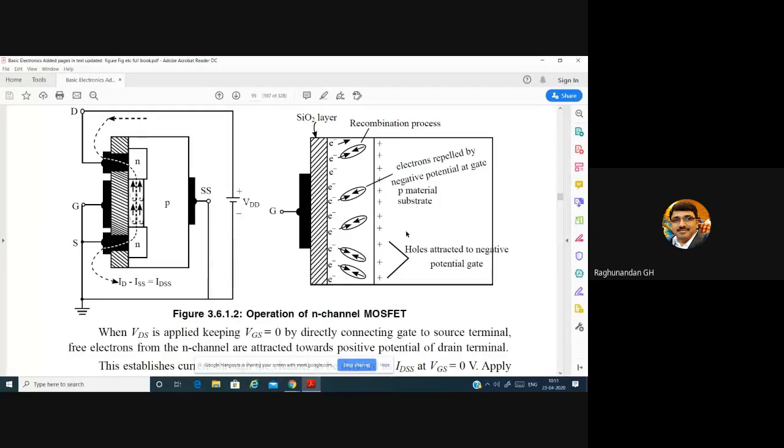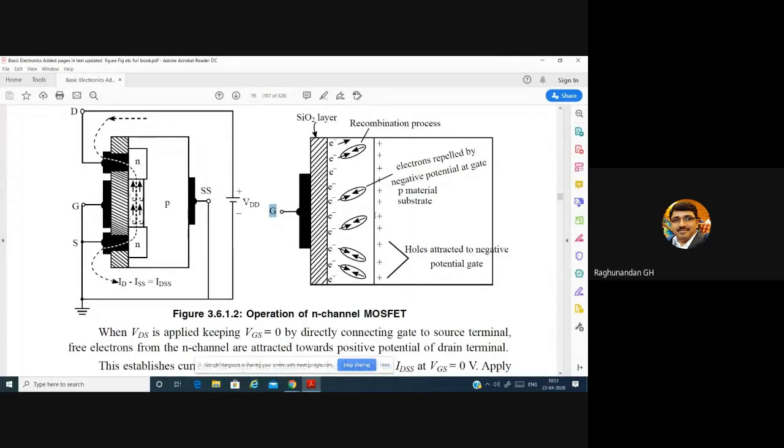It is called enhancement mode of operation because we are enhancing the number of electrons in the channel. Suppose I give a negative electric field, a negative potential, to the gate.